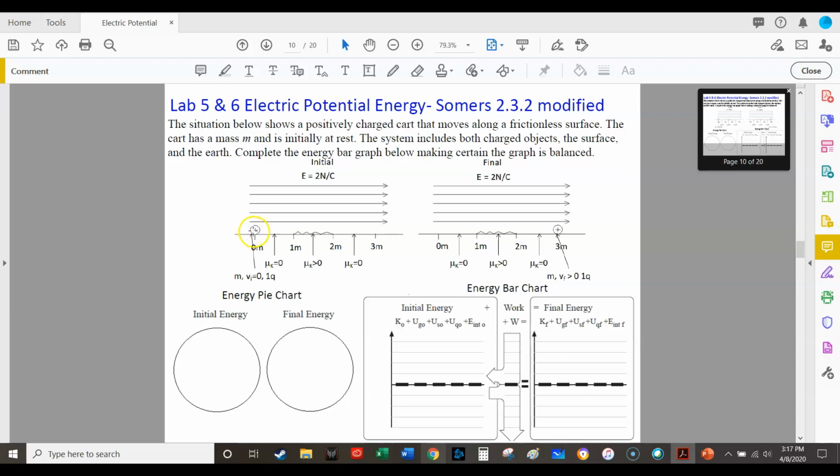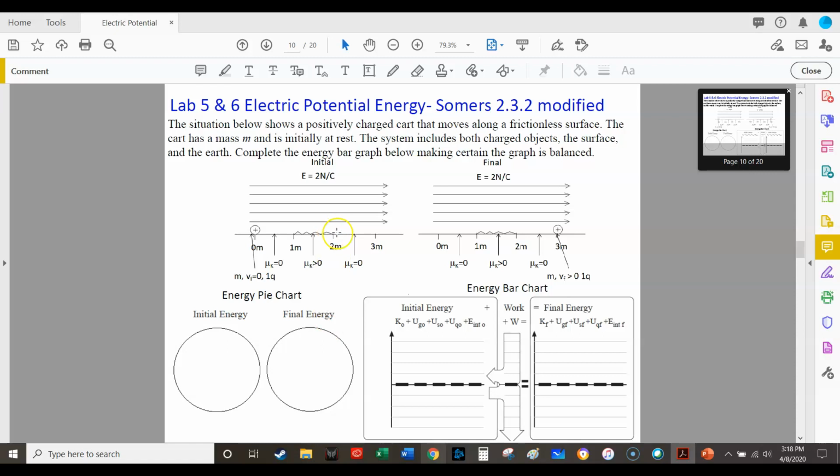It's going to slide, initially not moving. Then the electric field is going to be applying a voltage to it at this position and start moving it to the right. As it moves to the right, it's going to speed up, but then it's going to hit this area of friction, and that's going to cause some of that kinetic energy to be converted into heat, and thus internal energy to the system.